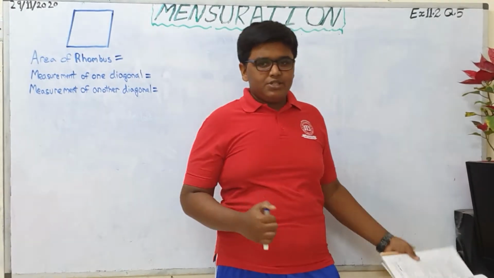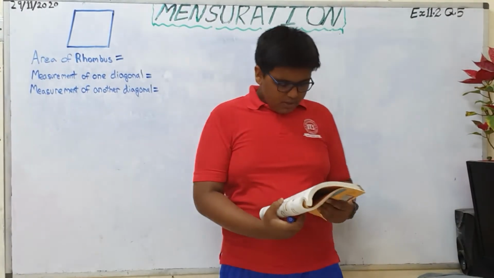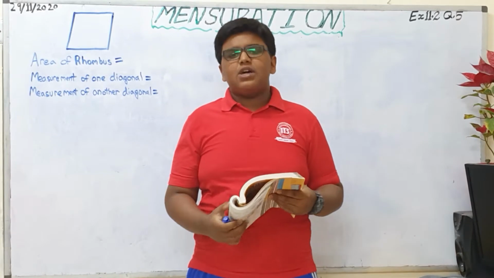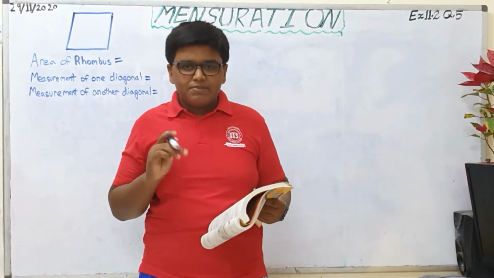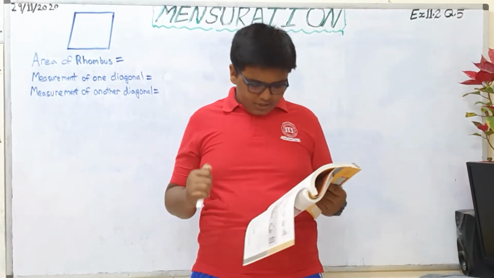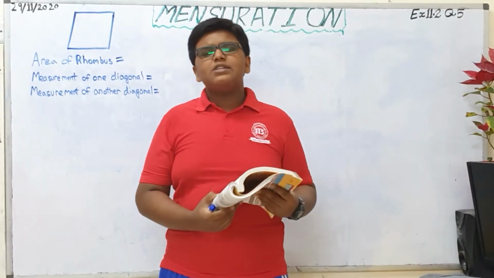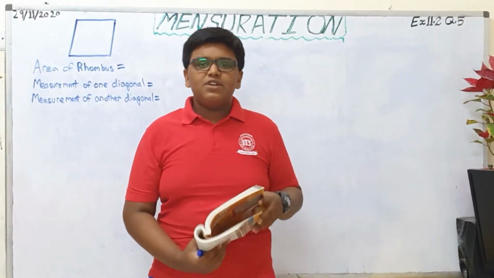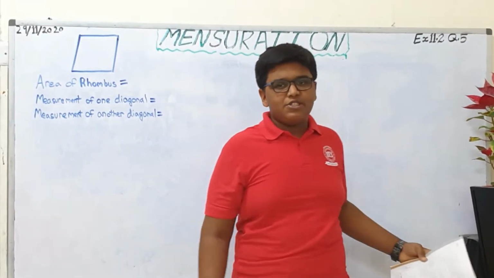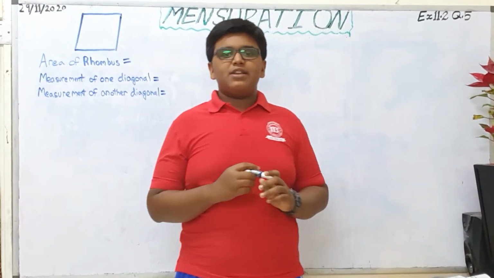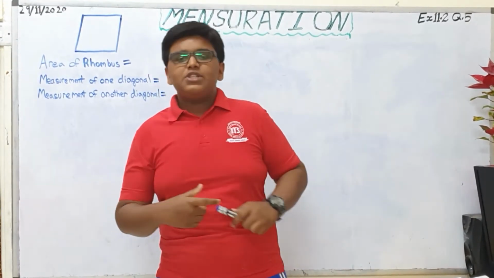In this question, they are asking: the diagonals of a rhombus are 7.5 centimeter and 12 centimeter. Find its area. They have given us a very simple question. They have given us the diagonals of a rhombus. Now what is a rhombus?